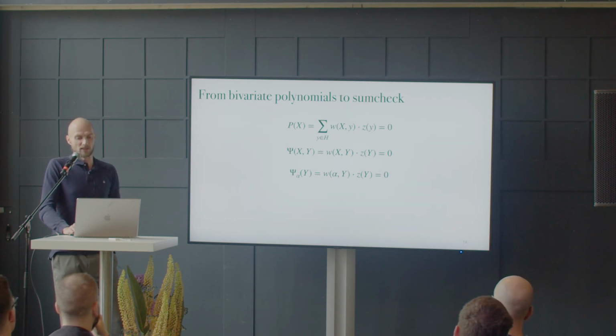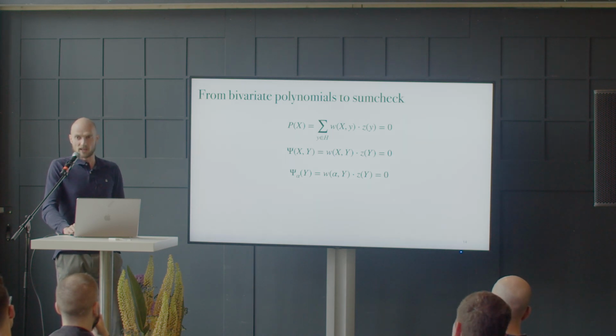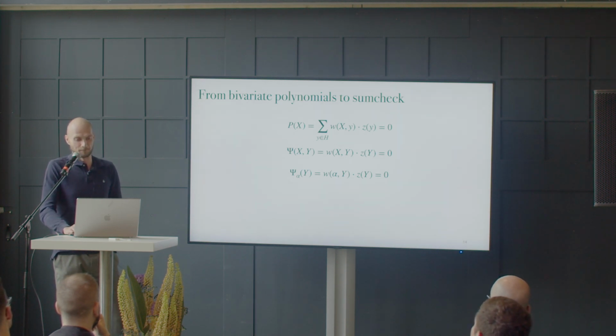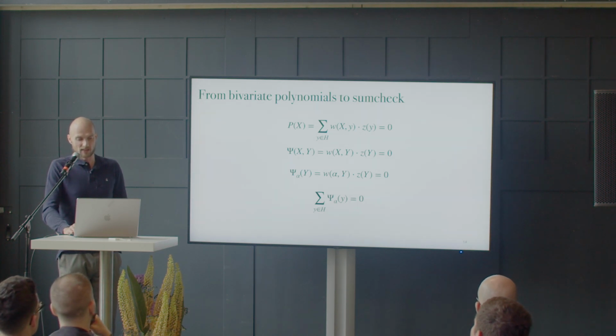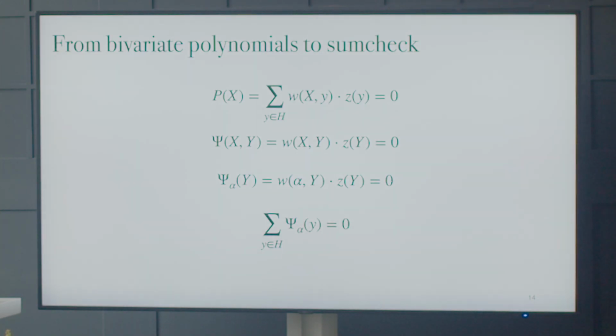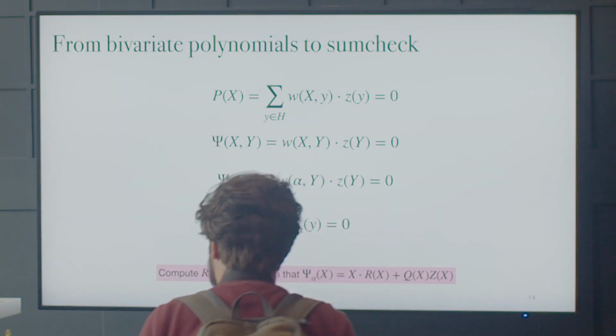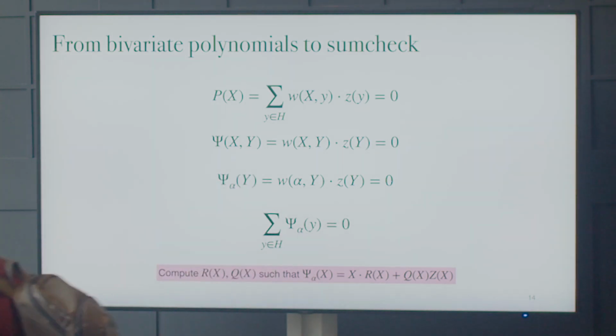We pick some random alpha and introduce psi_alpha(y), which has x equals alpha, and then we have a nice sum over y of psi_alpha(y) equals 0. So we compute r and q such that phi_alpha(x) equals x times r(x) plus q(x) z(x).